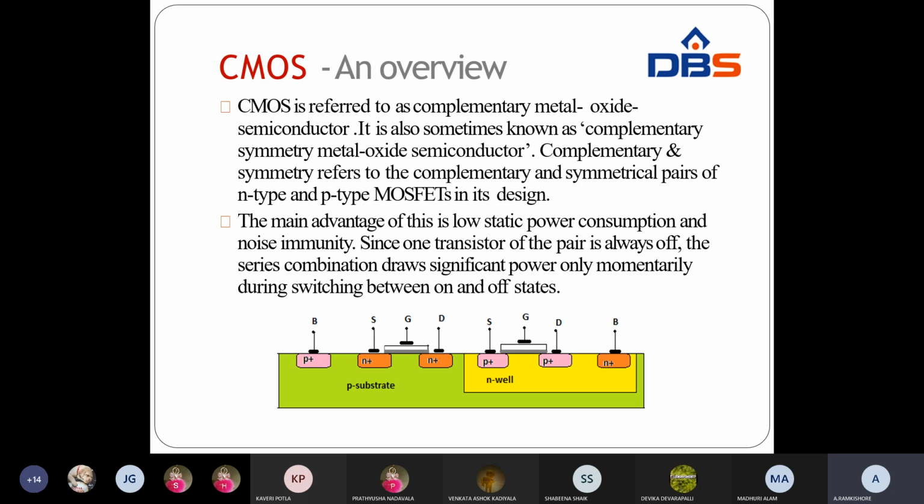Whenever we compare those two persons, the X person also has some energy calories to sit idle. The Y person may also have some energy calories, but the way of consumption of the energy calories will be different from person X to person Y. So that is meant by static power dissipation.